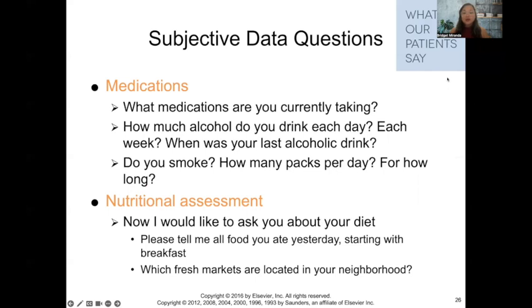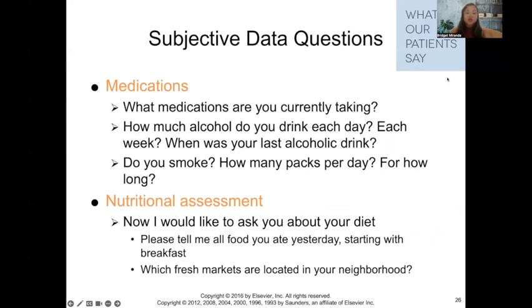And I want to know if they are drinking alcohol because they shouldn't be on an antibiotic. But also, I'm asking about alcoholic beverages because it could exacerbate their symptoms and actually cause some of their GI symptoms as well. And this includes smoking in addition to medications.